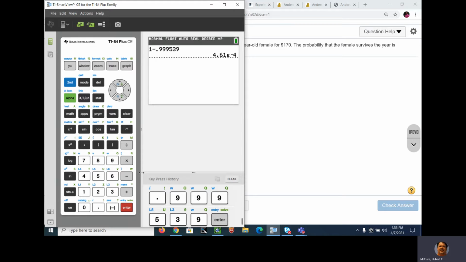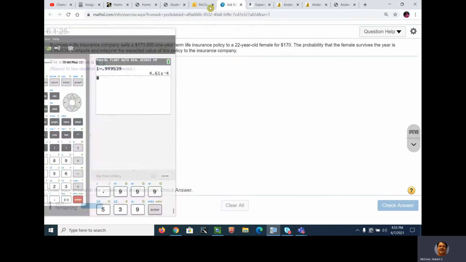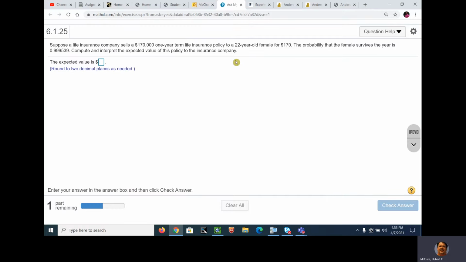So living is going to go with whatever the positive is. Now, what is the positive? Let's go back to the question. As far as the insurance company goes, they're looking at a payment of $170. So that's good. That's coming in. That's green because they like that.